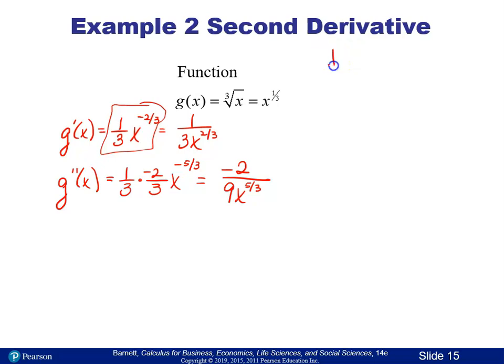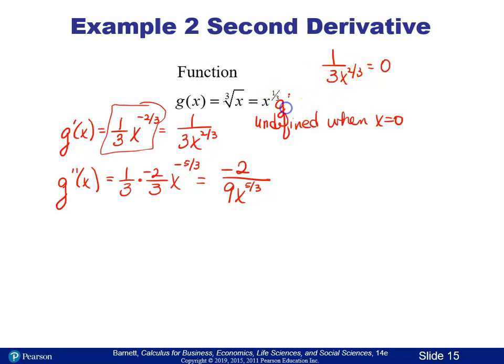Okay, so there's actually nowhere that this equals 0. But if you remember with your critical numbers, you also can have a critical number where it's undefined. So it's undefined when x equals 0, because that would give me 0 in the denominator.